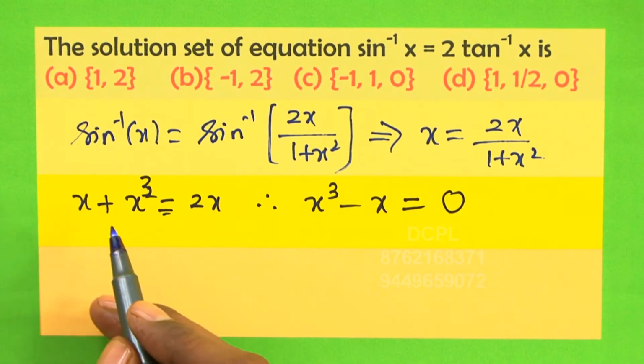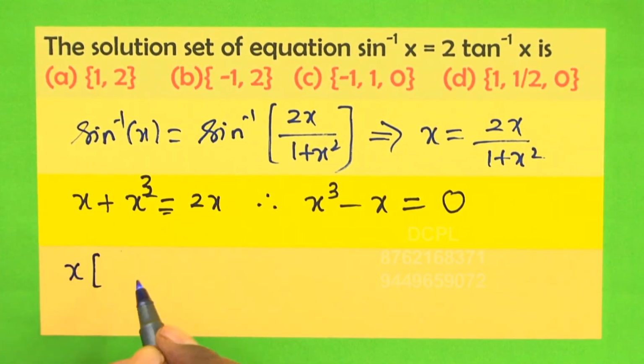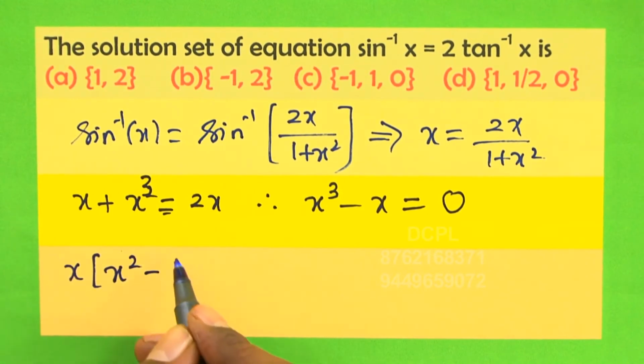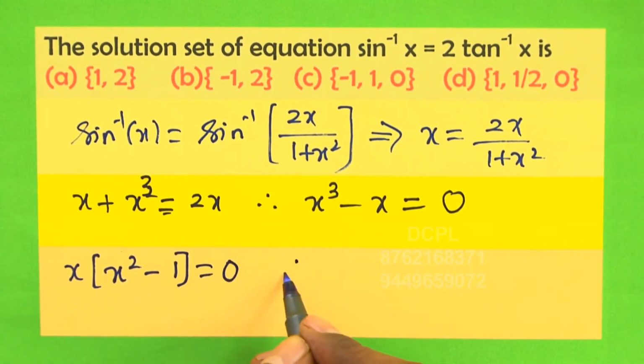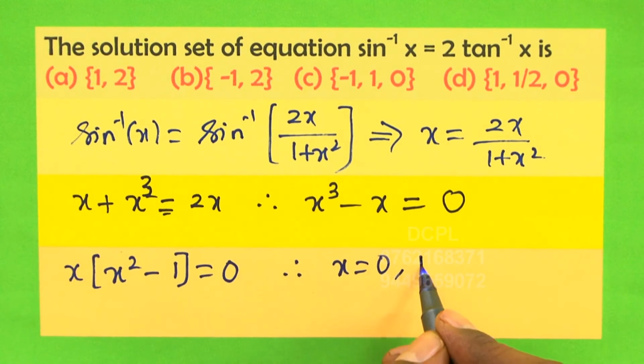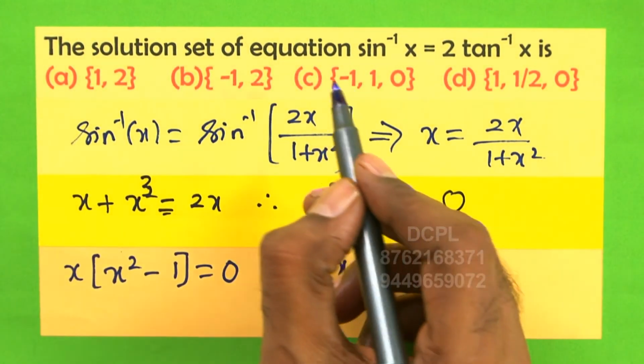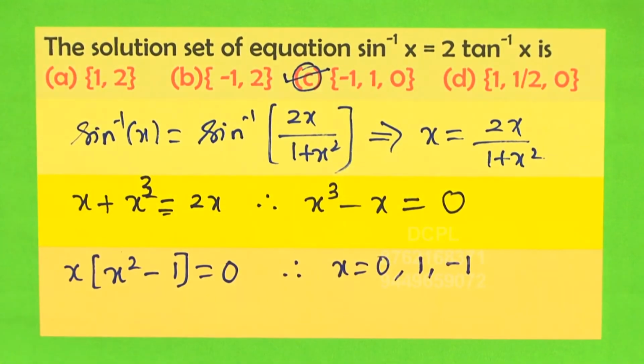Do you agree with me? Therefore, can we take x common? We will get x square minus 1 is equal to 0. Therefore, x is equal to 0 for this. X square minus 1 is equal to 0 means x is equal to 1, x is equal to minus 1. So, minus 1, 1, 0, option C is correct.